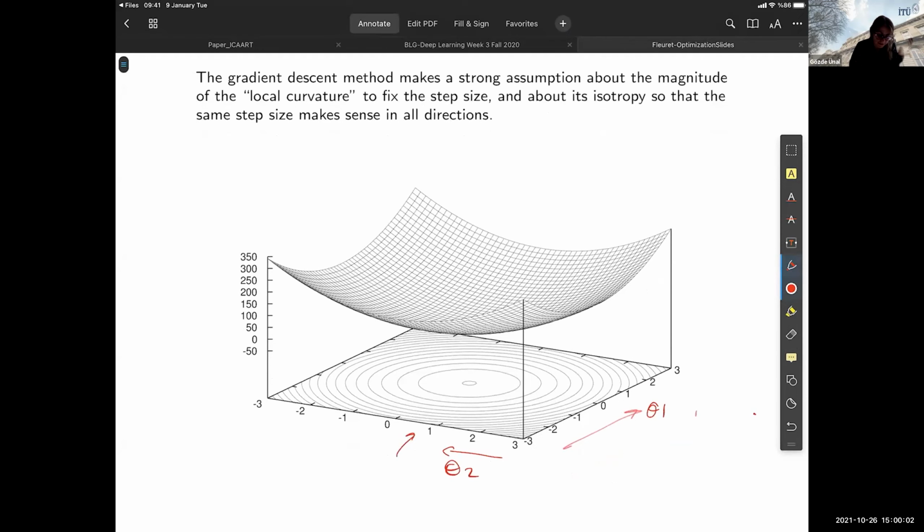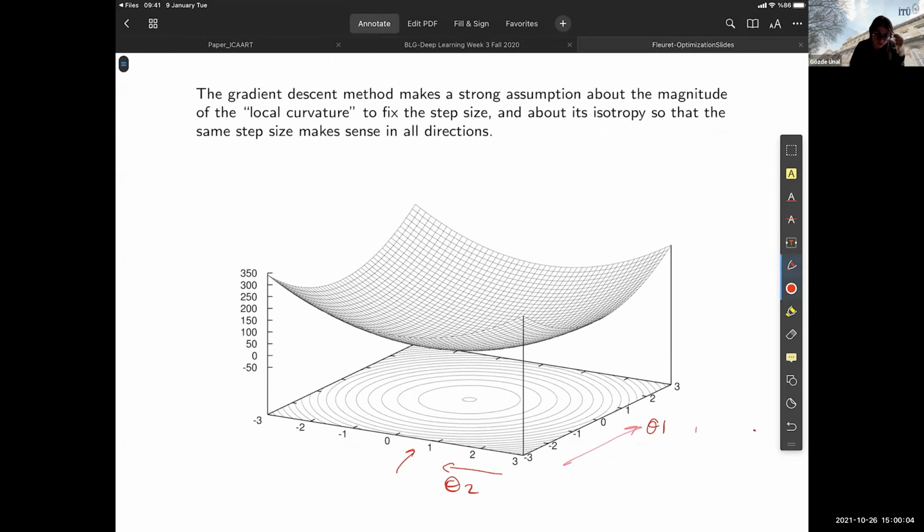Gradient descent makes a strong assumption about local curvature. It assumes I have enough gradients, right? When I start somewhere, I'm trying to really move towards the minimum, in the gradient direction, but that's the goal. I'm showing here a convex function, but for a non-convex function we will have many, many of these.